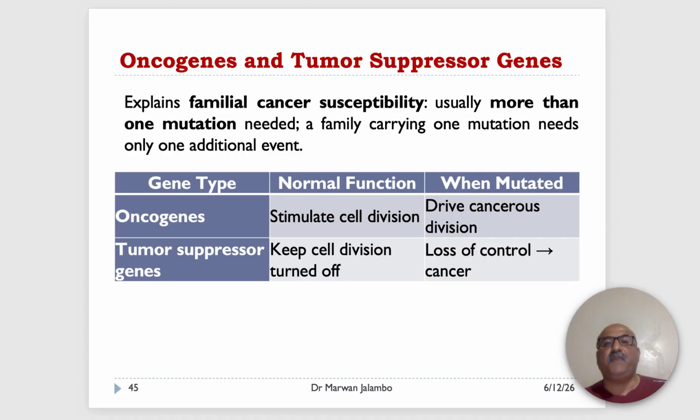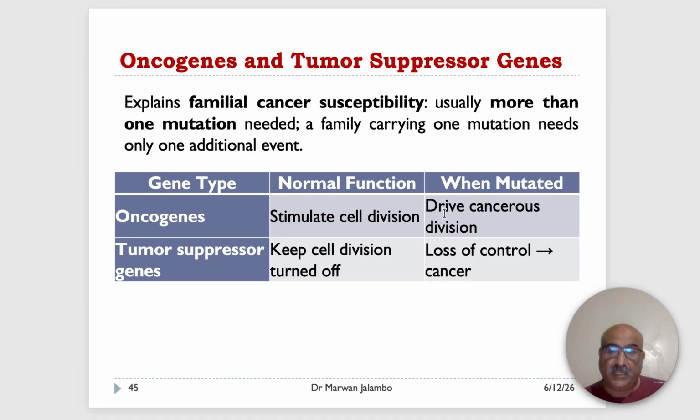Oncogenes and tumor suppressor genes. Studying cancer viruses taught us about two crucial gene types, oncogenes and tumor suppressor genes. Oncogenes normally stimulate cell division.